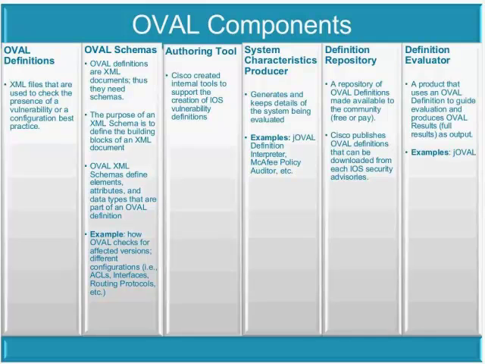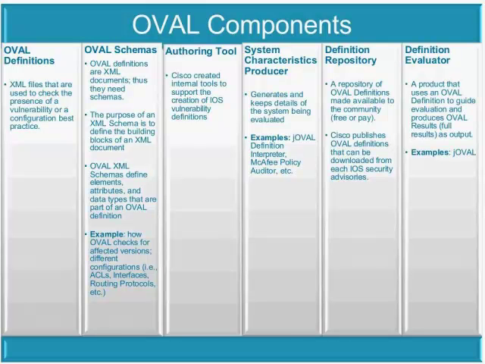I have an example here of how OVAL checks for affected devices and affected configurations in a network device. Let's say in IOS, how can you check if you have an access control list configured, if you're running a specific version of software, but if you're configuring it in a way that perhaps you're vulnerable or not vulnerable to, or affected by, a given vulnerability.